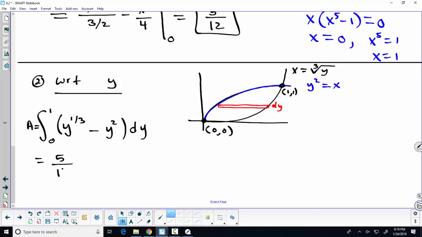And that's 5/12 as well. So rightfully so, we're not revolving this thing around any axes or anything like that. The area of that region is the area of that region, whether we look at it like this or like this, right? So are there any questions on either one of those?